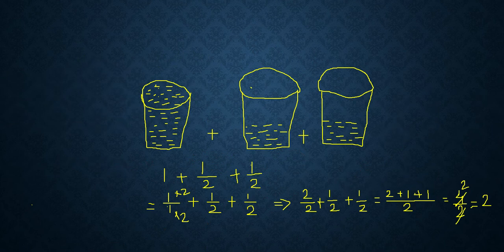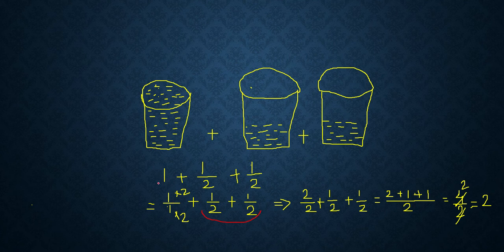Now let us see one more example. We again have 3 glasses of water. One is fully filled, the second is half filled, and the third is also half filled. So we'll write 1 plus 1 by 2 plus 1 by 2. Now when we add these, we'll find the LCM, which is 2.